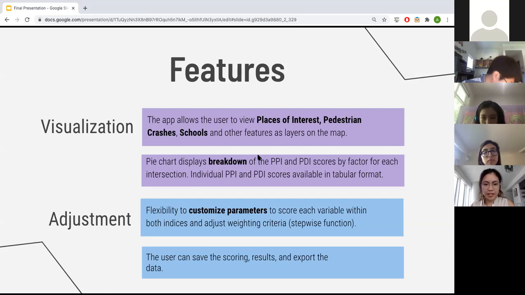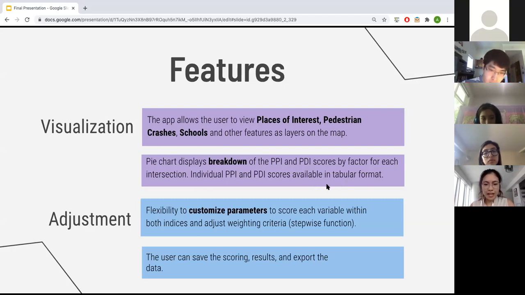We also have a pie chart. I'd like to call it a double donut chart. You'll see it later in the demo. It shows the breakdown of the PPI and the PDI scores with each of the variables hugging it, so that you can see how the score of this particular intersection is made up. We also have the scores available in table format.